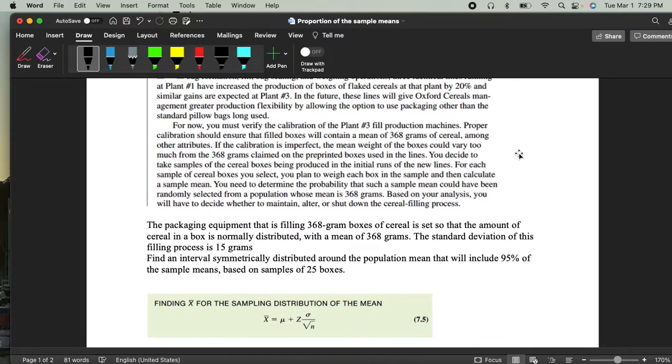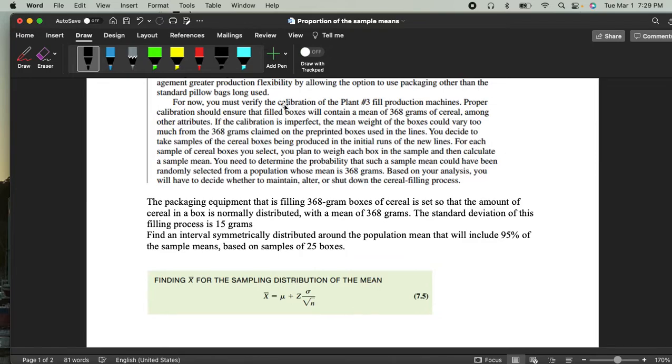Okay, so let's go back to what the problem actually says. For now, you must verify the calibration of plant number 3's filling production machines. Proper calibration should ensure the filled boxes will contain a mean of 368 grams of cereal, among other attributes. If the calibration is imperfect, the mean weight of the boxes could vary too much from the 368 grams claimed on the pre-printed boxes used in the lines.